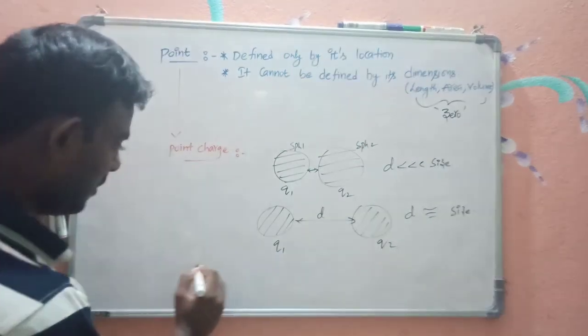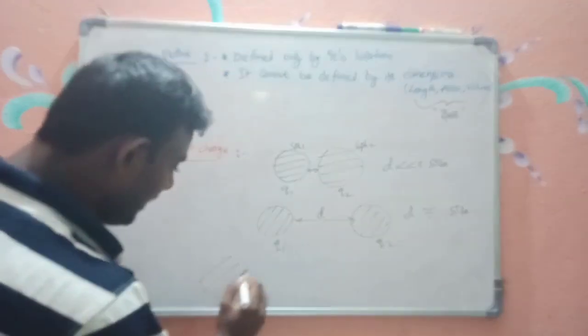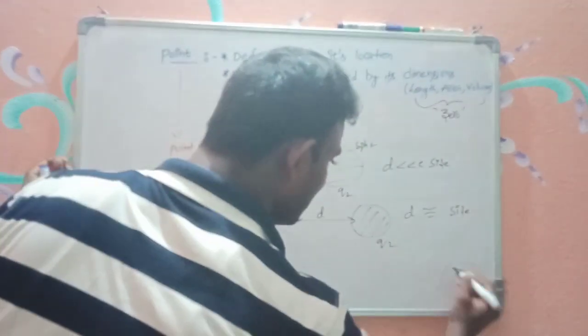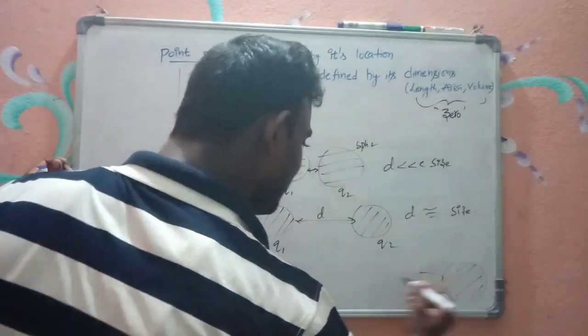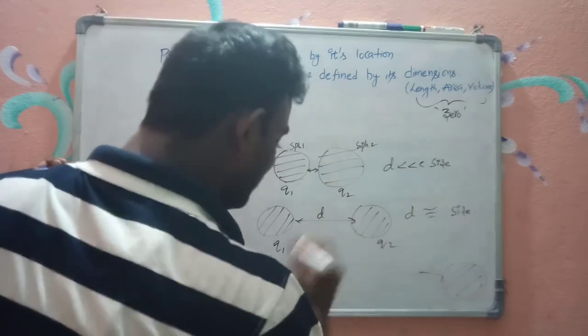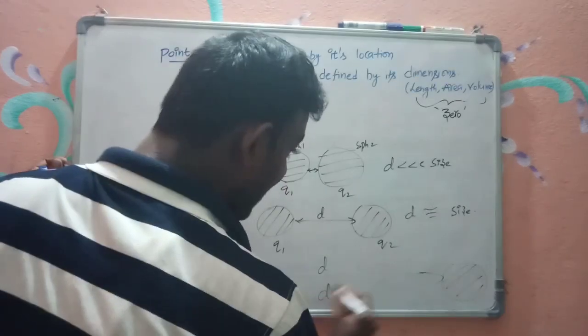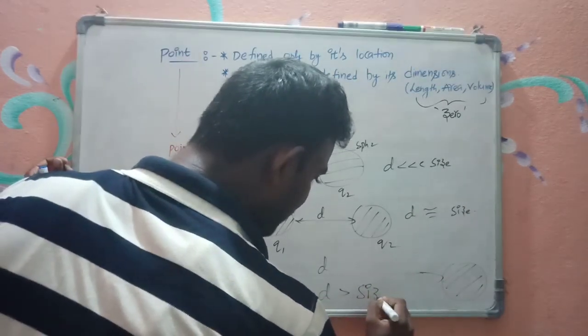Now again I am increasing the distance between the spheres. First sphere here and the second sphere here. Now if you observe, the distance here is greater than the size of the sphere.